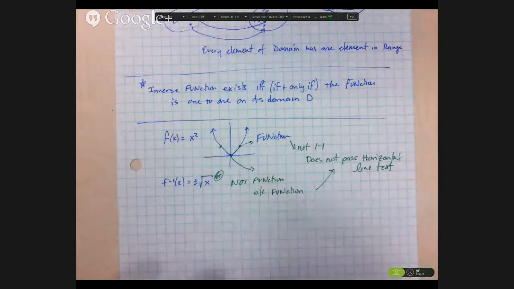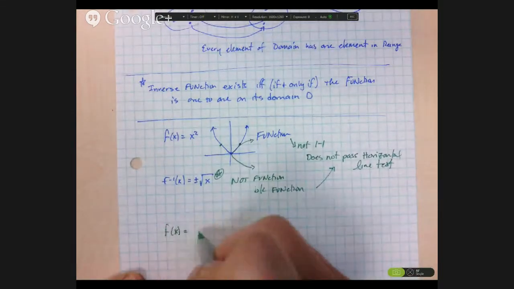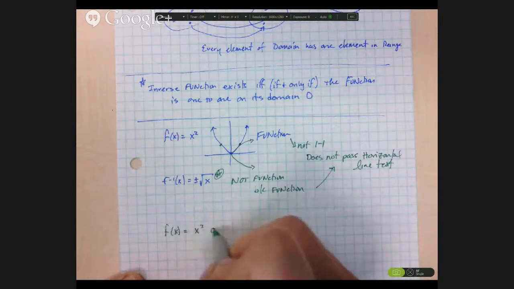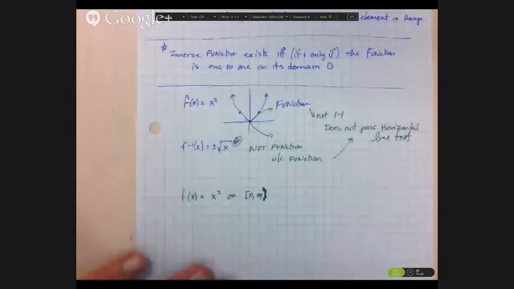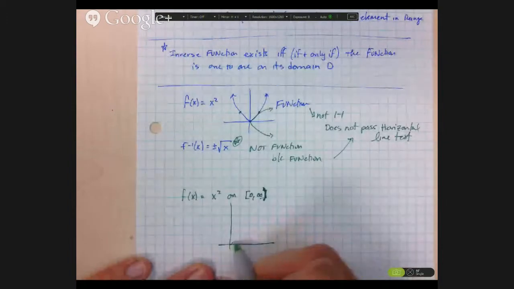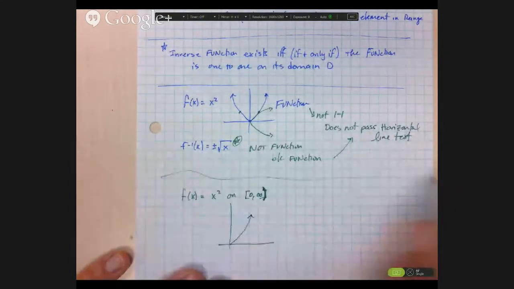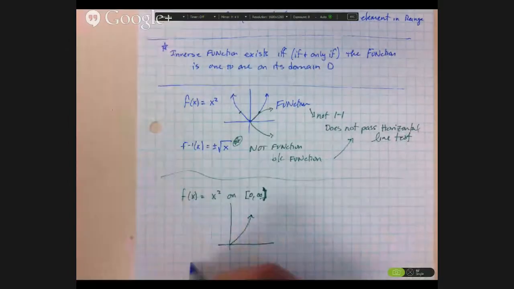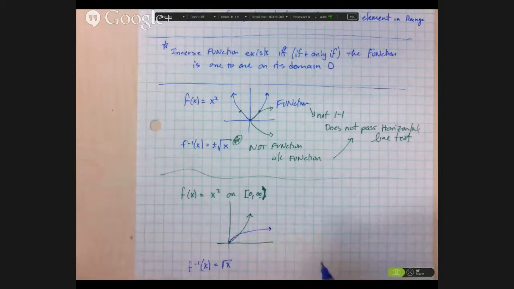But here's what we can do. We can restrict the domain so that all we have is that part of the function. The inverse simply looks like that.